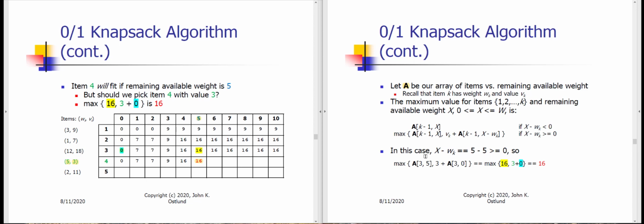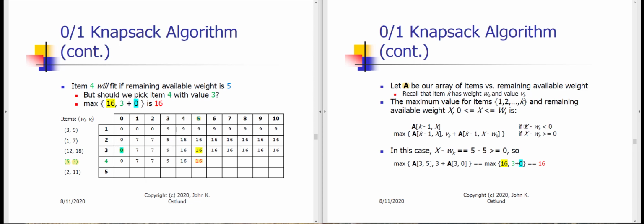The rows of A represent the individual items, and the cells of A represent the maximum value that you can obtain by using items up to and including the item for that particular row, assuming you have the amount of space available shown in the column.